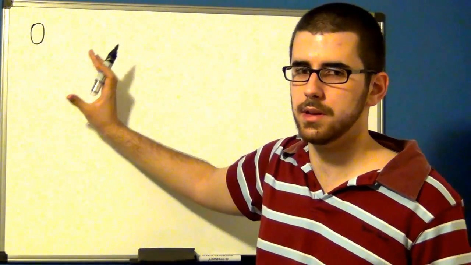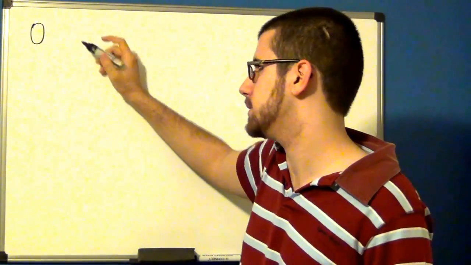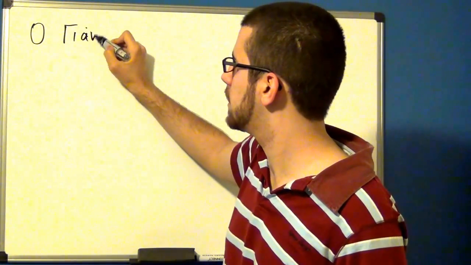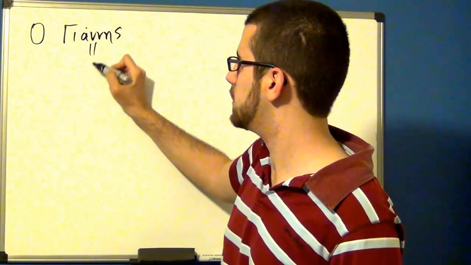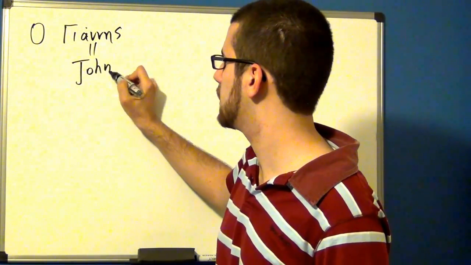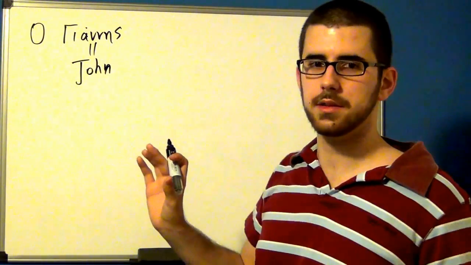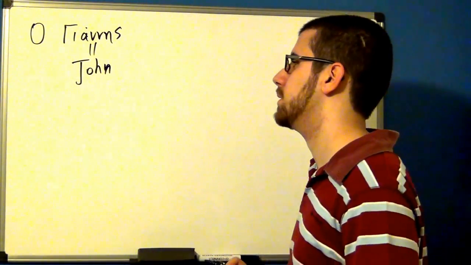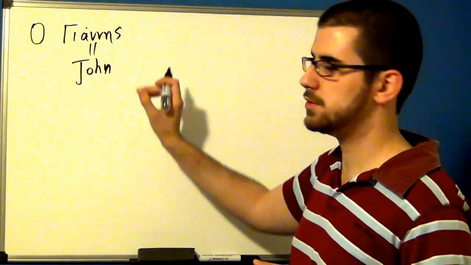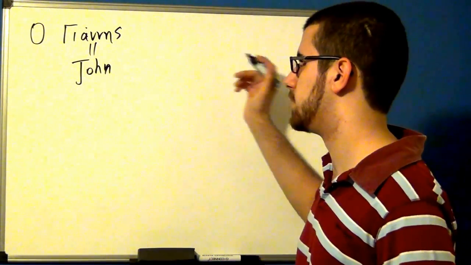The person who's doing the action is a nominative. Or Yannis. This is John. There are a lot of names in Greek that change a bit in English. I don't know which one came first, but it doesn't matter.